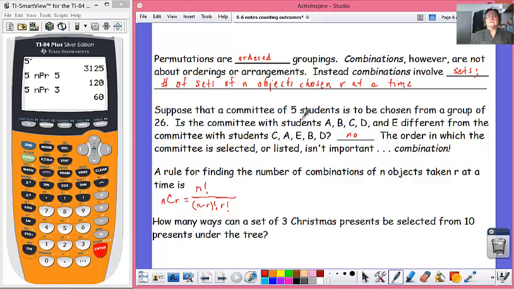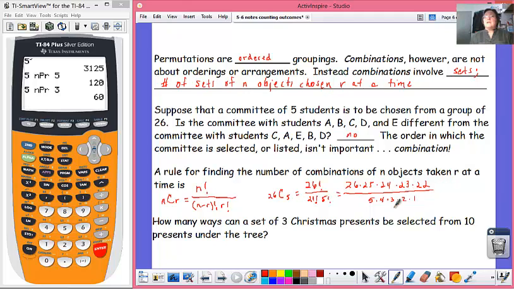If you think about that particular problem up there, 5 chosen from 26, 26C5 would equal 26 factorial over 26 minus 5, 21 factorial, times r was 5 factorial. The math of that, well, 26 factorial, 26, 25, 24, 23, 22, and then anything from 21 is canceled. We also have a 5 factorial on the bottom to worry about. So here's where you divide out repetition.